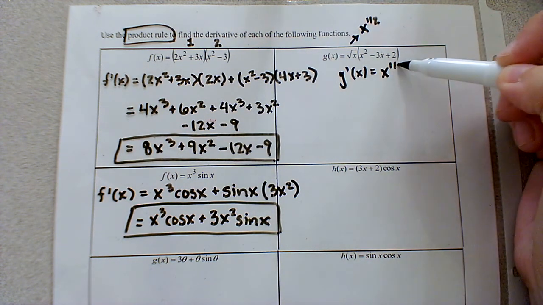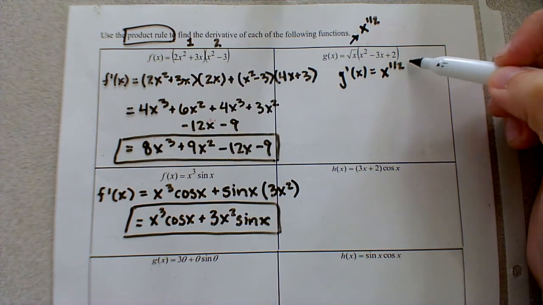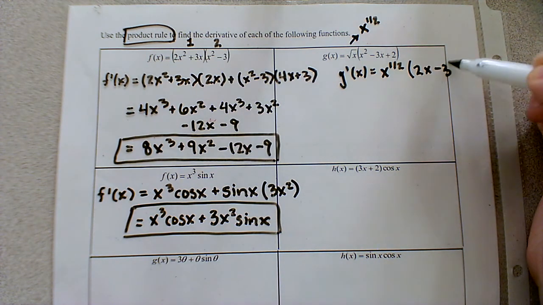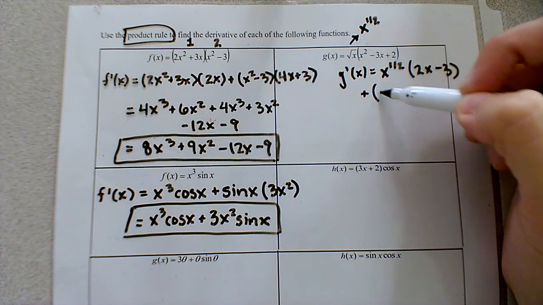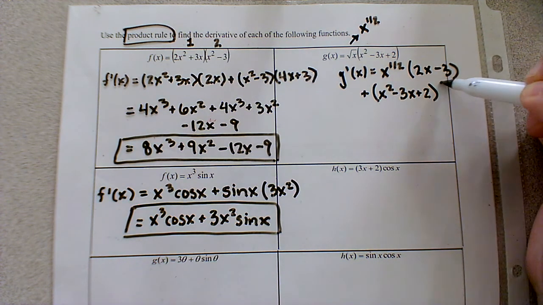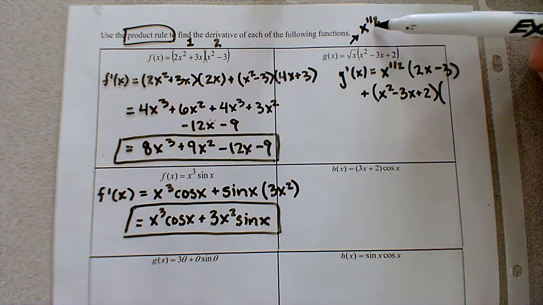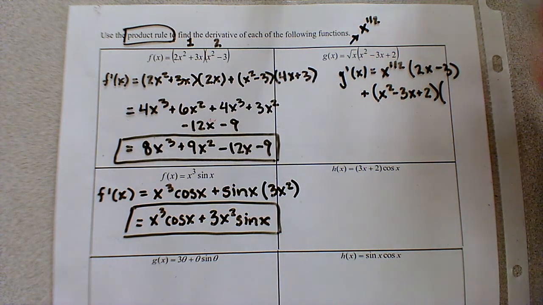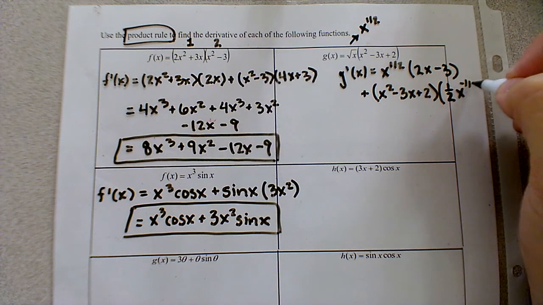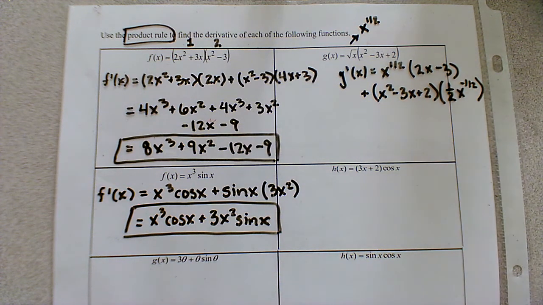So 1 would be the x to the 1/2 times the derivative of the second, so 2x minus 3. Then we have to add 2, which would be the quadratic, times d1. So we need the derivative of this square root. So using the power rule, we'd have 1/2 x to the negative 1/2.